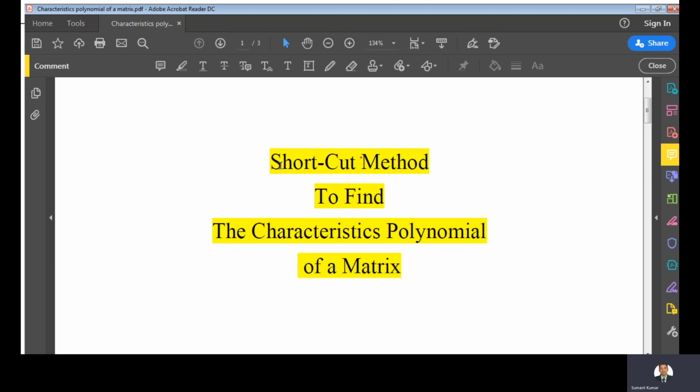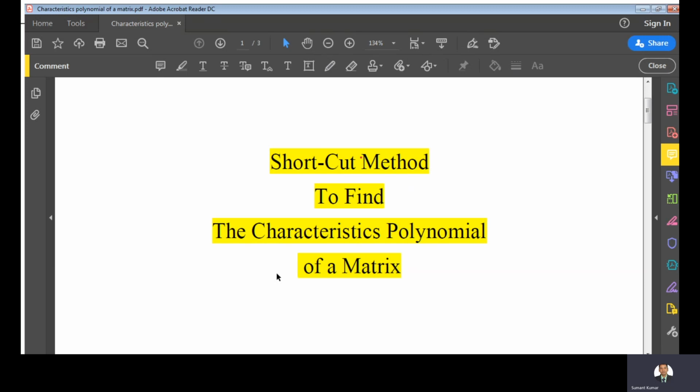So basically, what is the characteristic polynomial? By the name characteristic, it is very clear that this polynomial will tell you some characteristic about the matrix, that means the nature of the matrix. When we are using a trick or shortcut method, what tool are we using? Here in this technique, we are using the trace and determinant to write the characteristic polynomial.